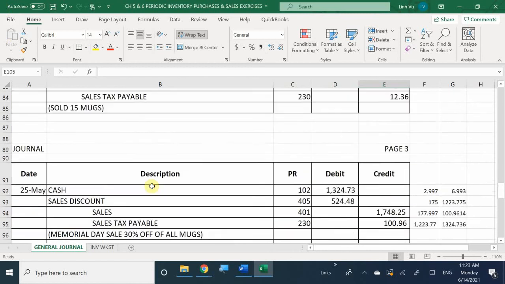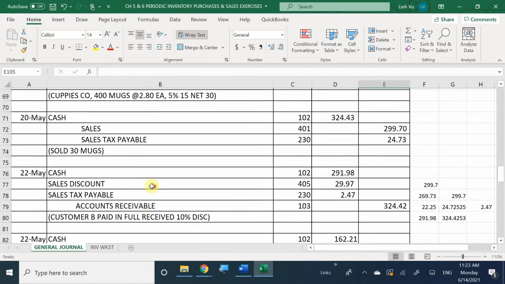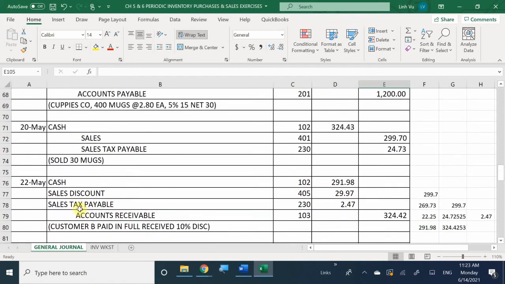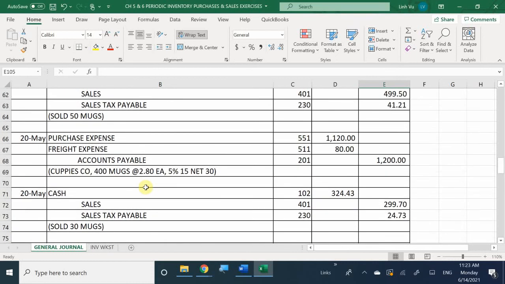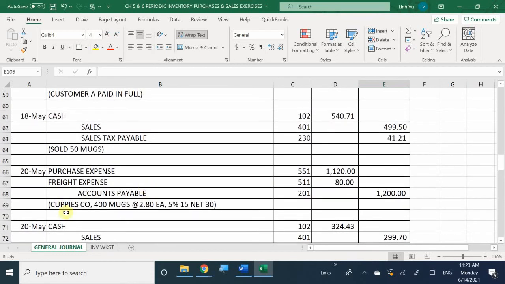Now in this case, how much can I actually discount? Let's take a look at that bill real quick. I think it was this one. I purchased a total of 400 mugs at $2.80. I get a 5% discount. Now, which number can I actually take a discount off of? $1,200.